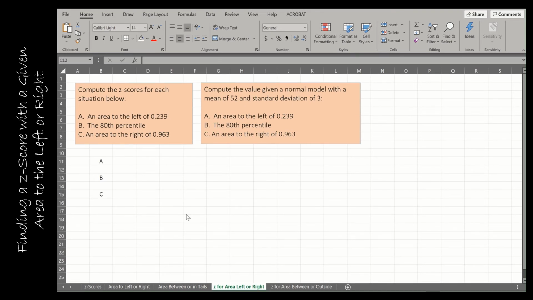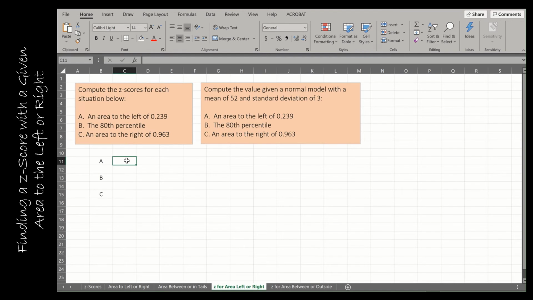Let's take a look now at how to find a z-score or a value given the area. So we've been working on finding the probability or the area given values in the question or given a z-score. Now we're going to do the opposite, so we're going in reverse. And the good news is the only thing we have to remember is instead of norm dist, it's a norm inverse function.